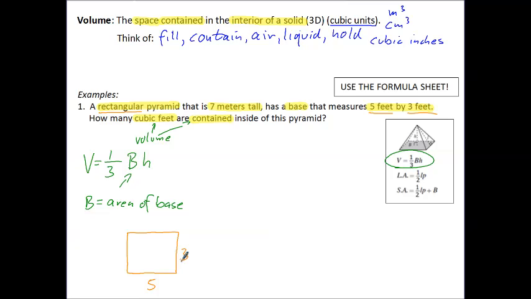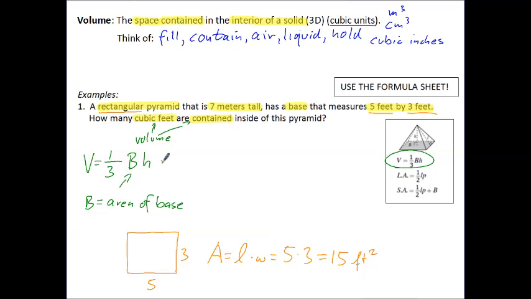And for the area of a rectangle, we're using the formula that is also on your formula sheet, which is the area is equal to the length times the width. That is 5 times 3, 15. And 15 is an area. And so right now we are already dealing with square feet. Let's see where we get though.